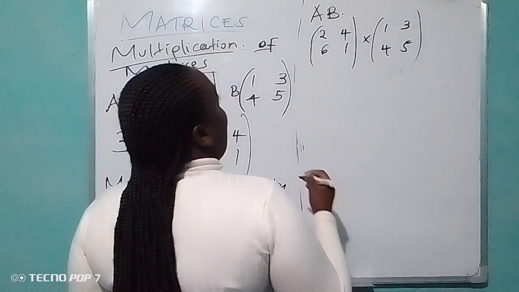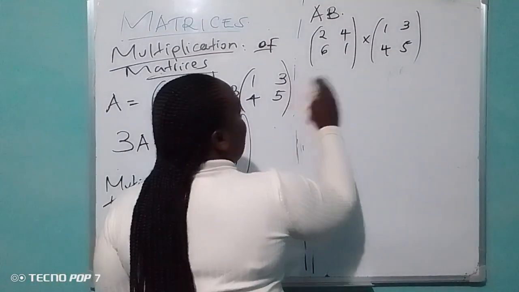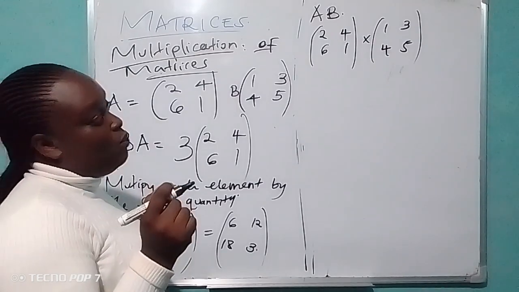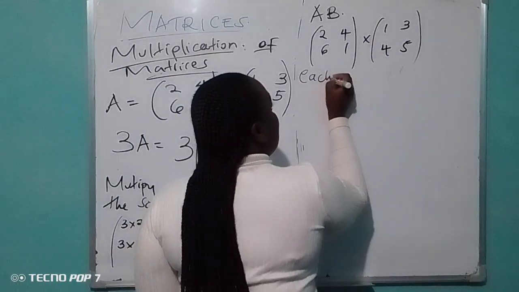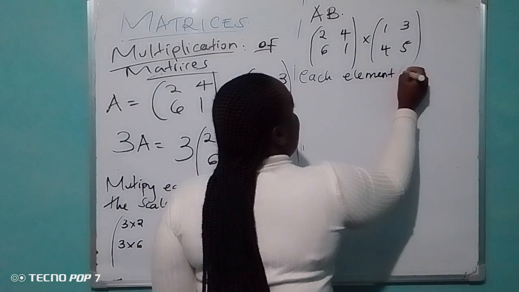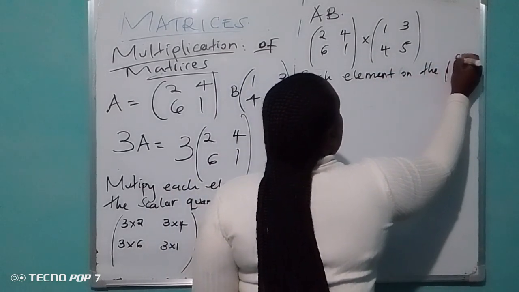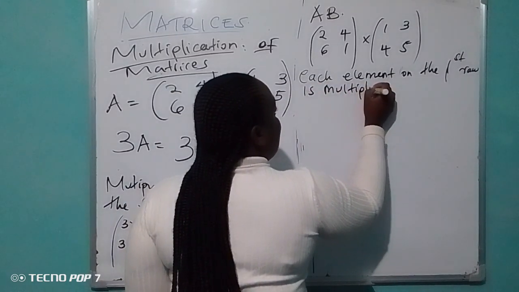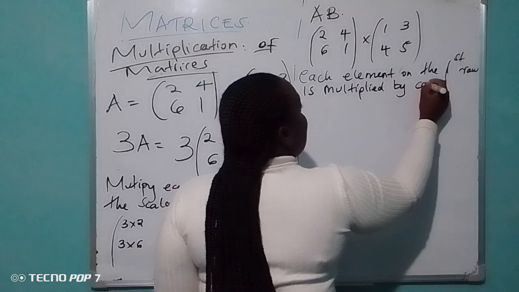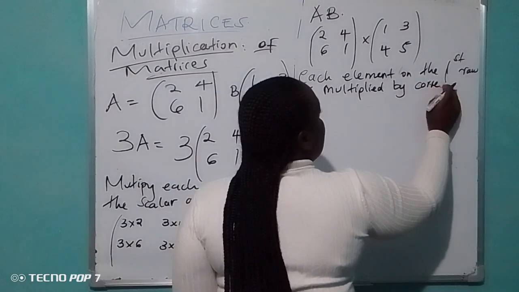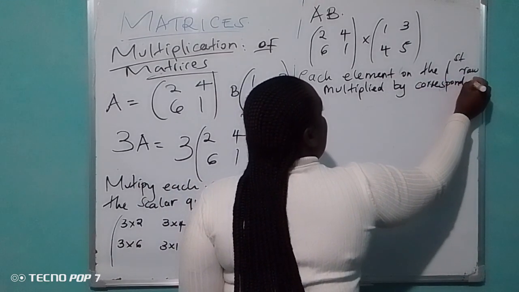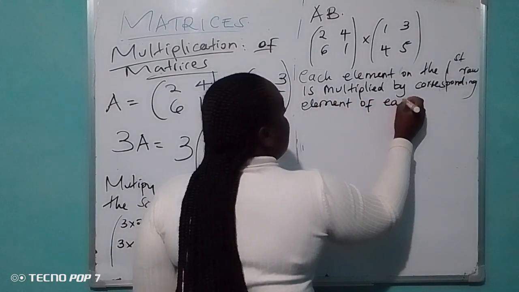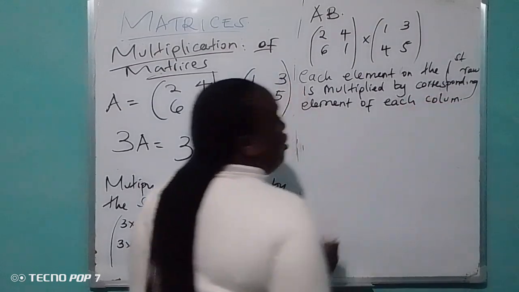So when we are multiplying, each element on the first row is multiplied by the corresponding element on each column.